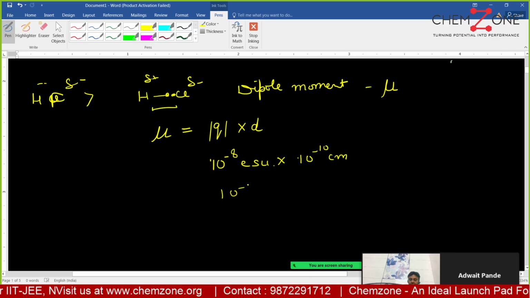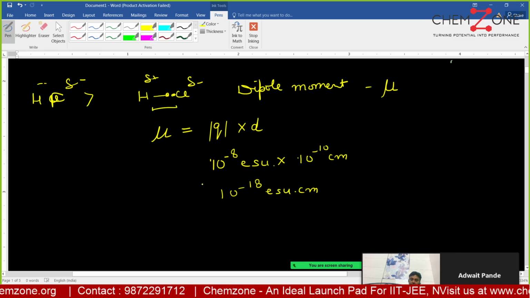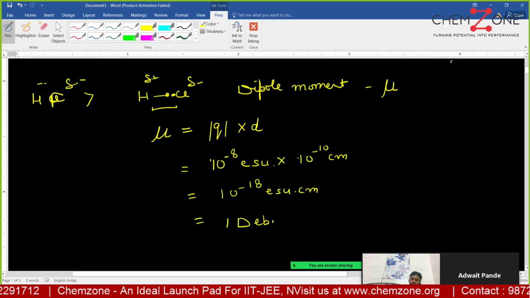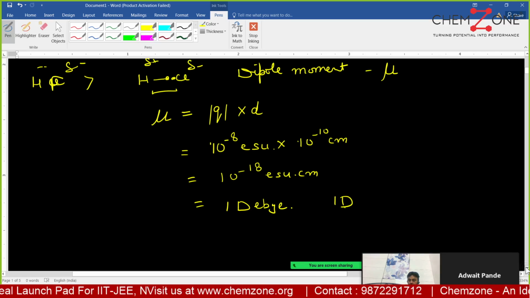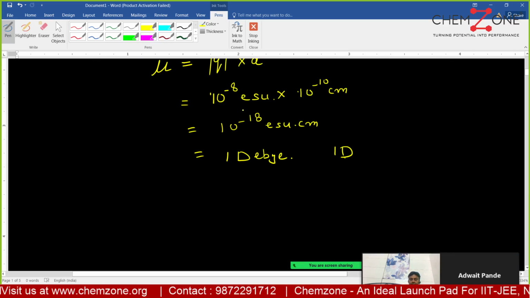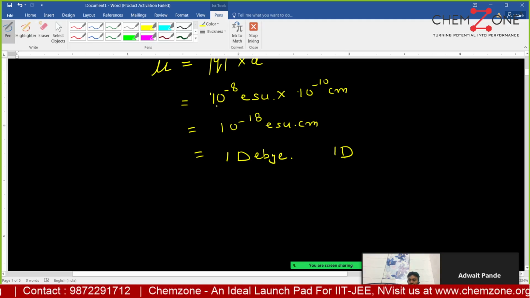This is equal to 10 to the power minus 18 electrostatic unit centimeter, and so it is equal to 1 debye. 1 debye is a unit of dipole moment. I said the magnitude of the charge is of the order of this. This is the value of the charge.